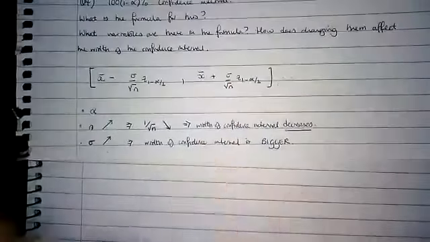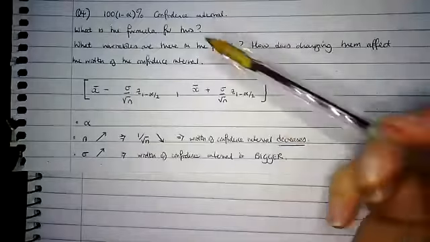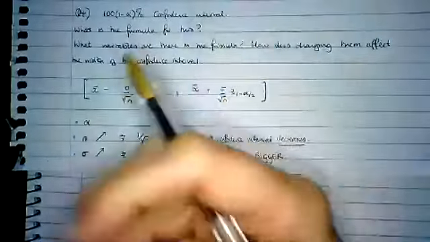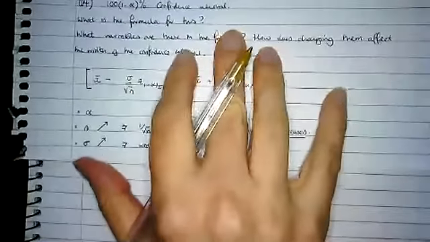So if I'm observing more data, the size of the confidence interval is going to decrease. I can be more sure that the estimate for the mean that I've got, x bar, is closer to the actual mean of the data, mu.